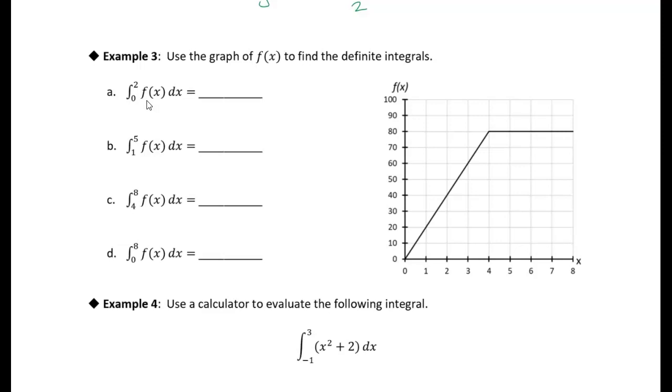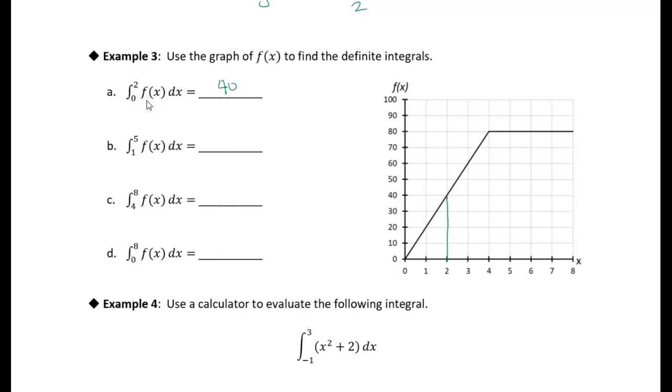So here we're integrating from 0 to 2. What this is asking is, what's the area under this curve f of x from 0 to 2? So I could block that off. This first integral is really just asking, what is the area of that triangle? It's 2 units wide, 40 units high, so I'm going to get 40.